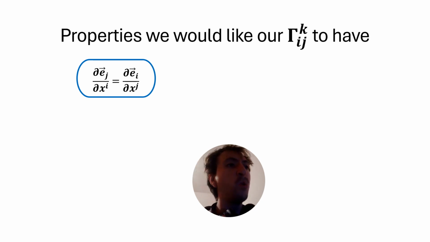This is because there isn't usually some preferential direction, space is fairly symmetric, and there's no way to really distinguish x and y. We would expect the partial derivative of a basis vector along one direction to equal the partial derivative of that direction's basis vector along the first basis vector.